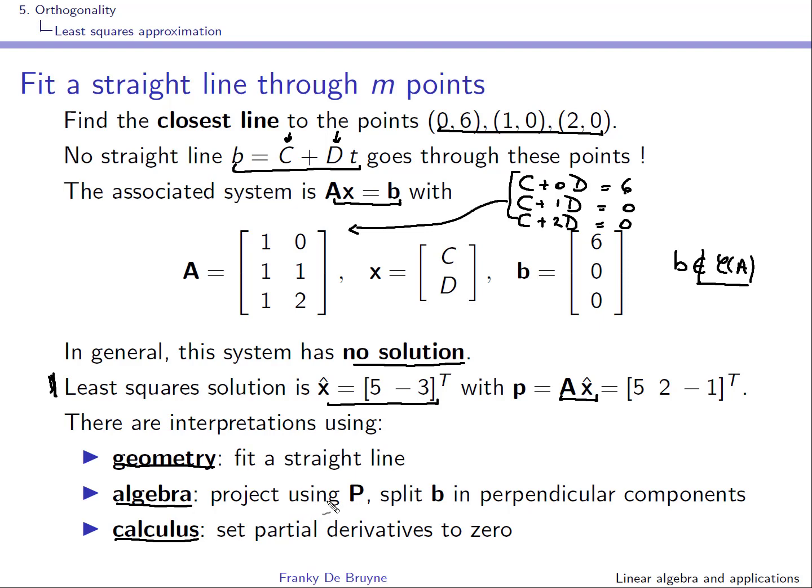In algebra, well, we'll split the vector b here in perpendicular components, one that is in the column space and one that is in the left null space. And with calculus, well, we'll set partial derivatives of this quantity e that we've talked about previously to 0.